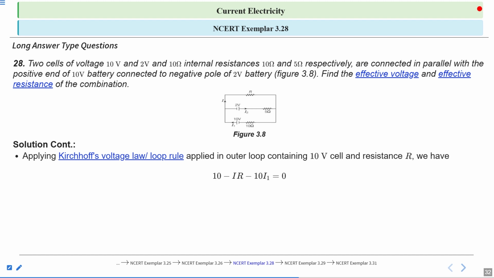In the internal resistance 10 ohm of the 10 volt battery, we are moving in the direction of current, so the potential drop will be taken as negative: minus 10 I1. Now in the external resistor we are also moving in the direction of current, so the potential drop IR will be taken as negative. So 10 minus IR minus 10 I1 equal to 0. By rearranging, IR plus 10 I1 equal to 10. Mark it as the second equation.